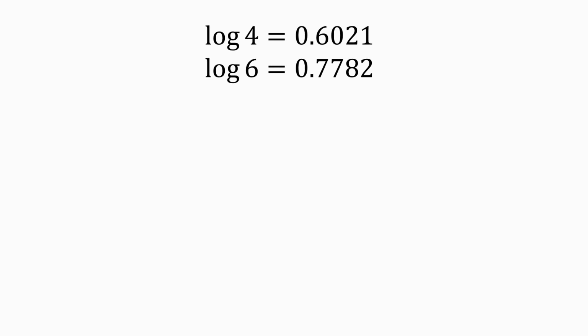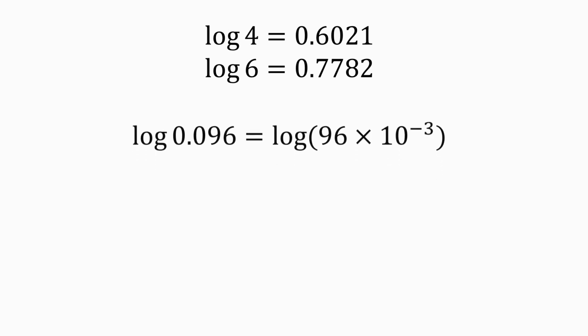So the first step is to rewrite 0.096, which can be written as 96 times 10 raised to power negative 3. And so log 0.096 is the same as log of 96 times 10 raised to power negative 3.